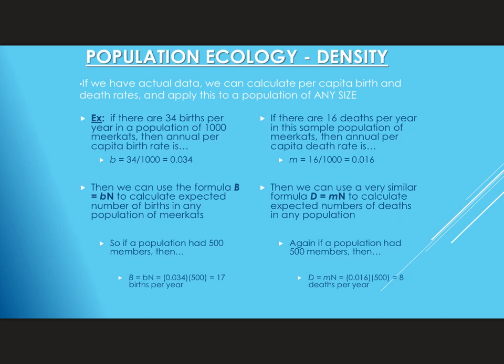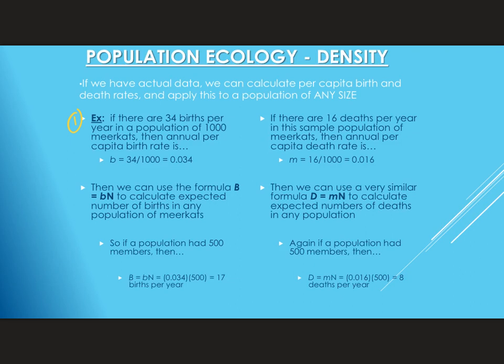Now, if we've got actual data on a population, we can calculate this, and we can use this data as a sample to consider a population of basically any size. All right, so step through with me here. First, if we have a hypothetical population of meerkats, and we've established that there are 1,000 meerkats in the group.